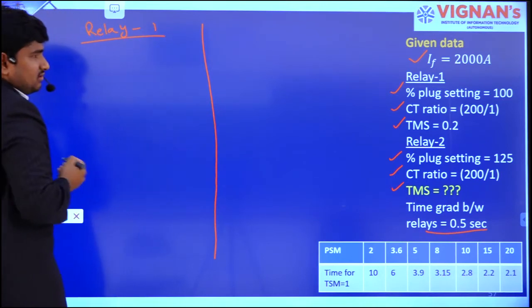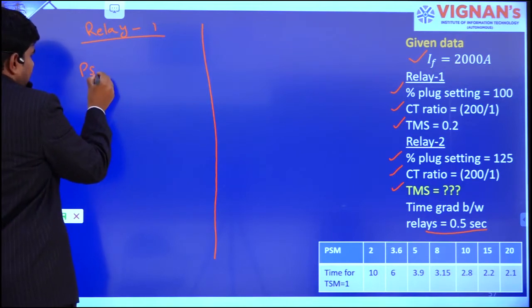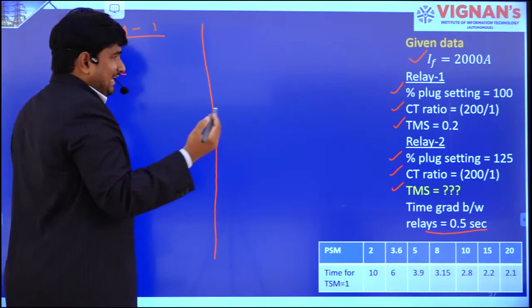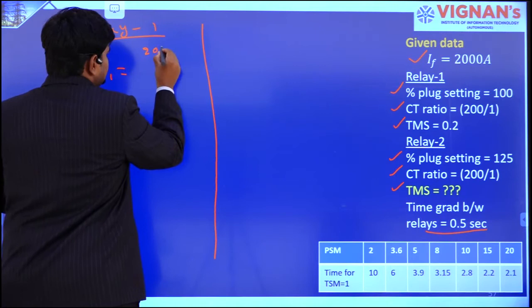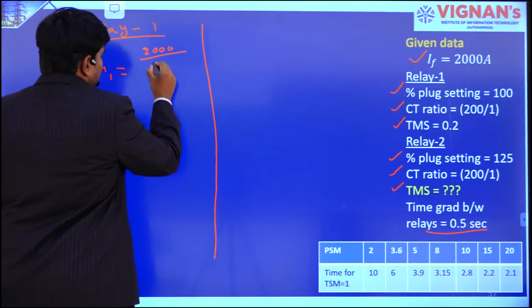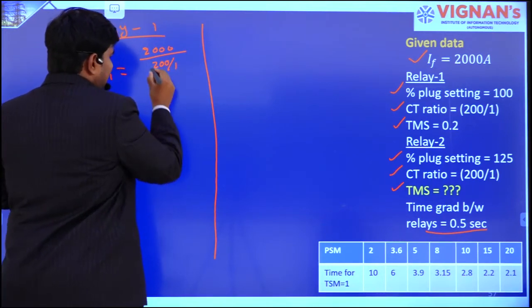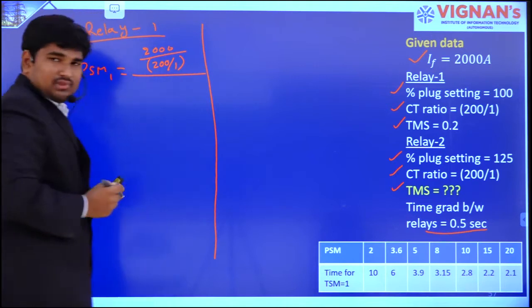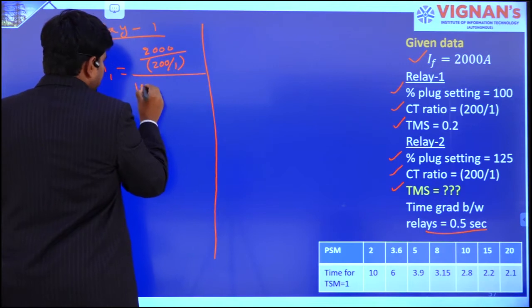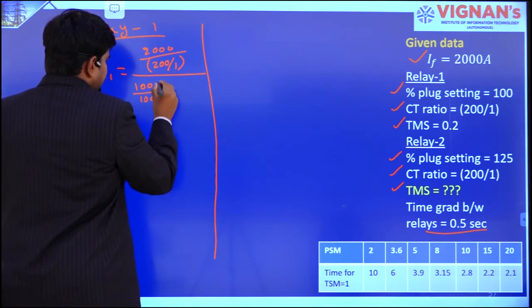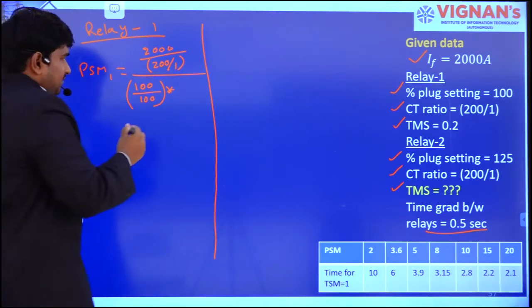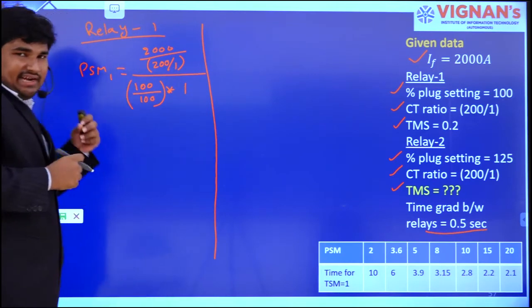For relay 1, the plug setting multiplier is equal to the fault current in relay, that is 2000, divided by the CT ratio, 200 by 1, and divided by the percentage of plug setting, that means 100 divided by 100 as it is a percentage, into the CT secondary current.